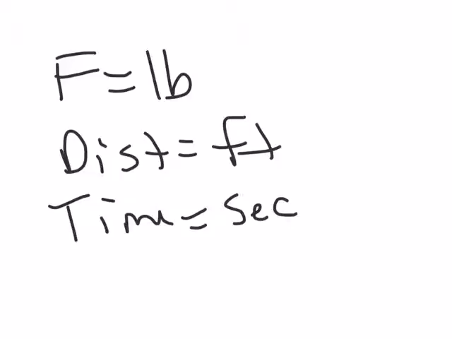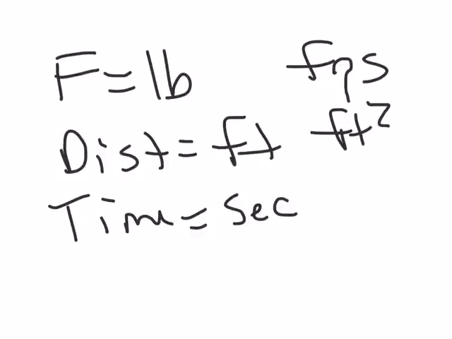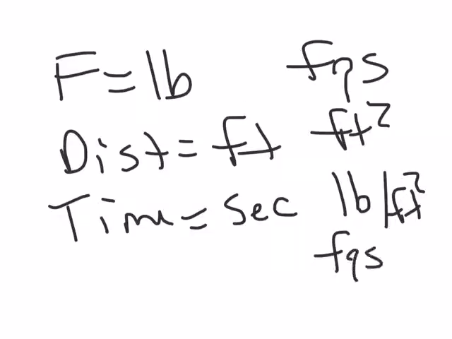And then if you look below that, you'll see velocity is in feet per second, which sometimes we'll refer to as FPS. Area is in feet squared. And pressure, pound force, we're going to be in pounds per feet squared. And then acceleration is going to be feet per second squared. So make sure you understand those things as we go through.